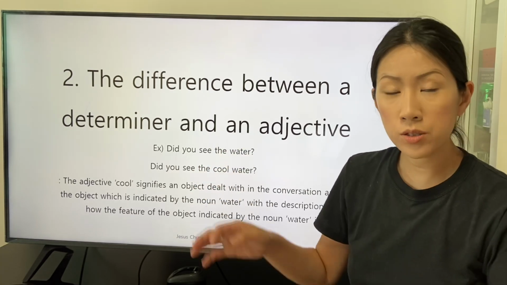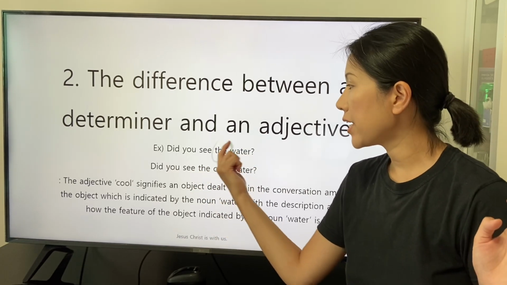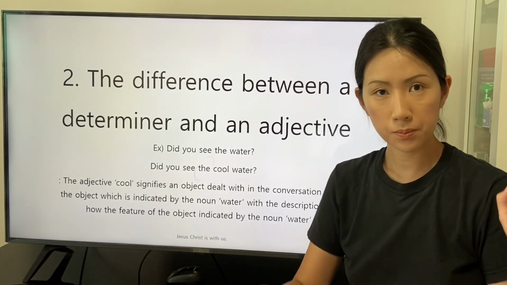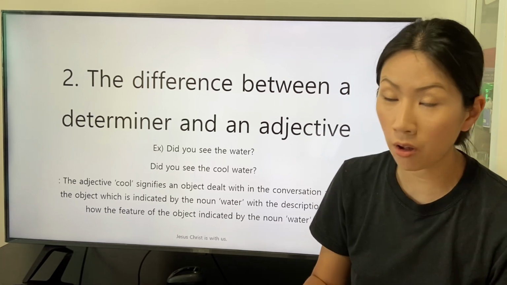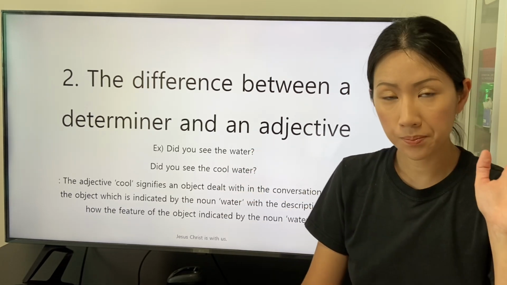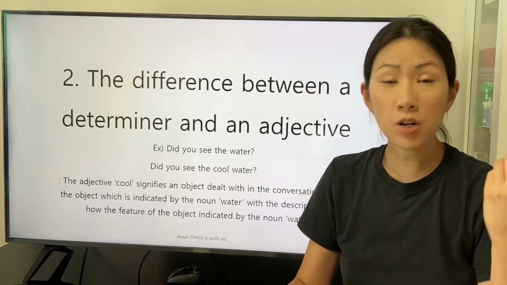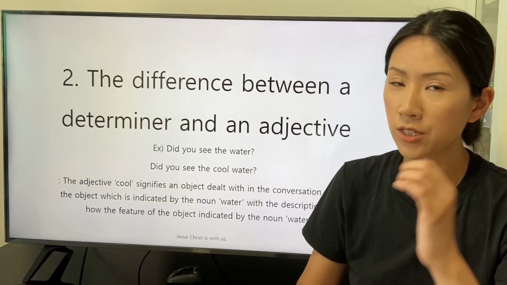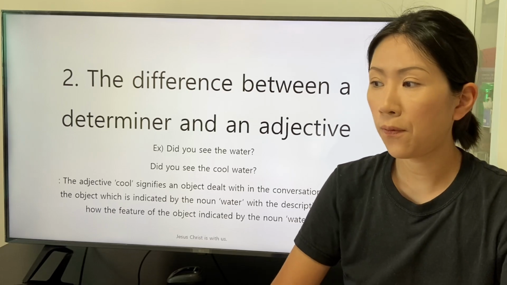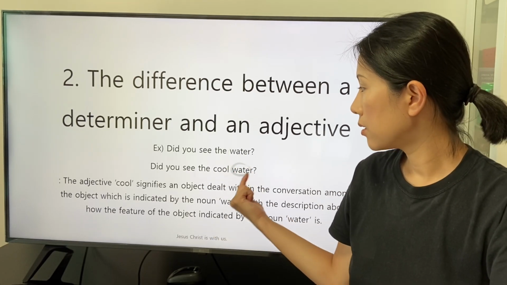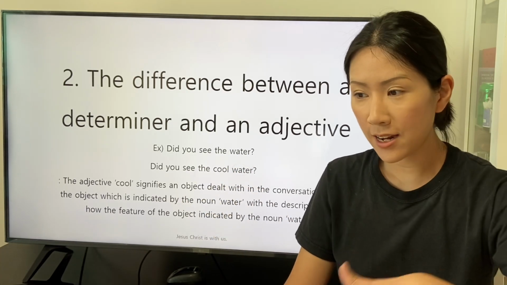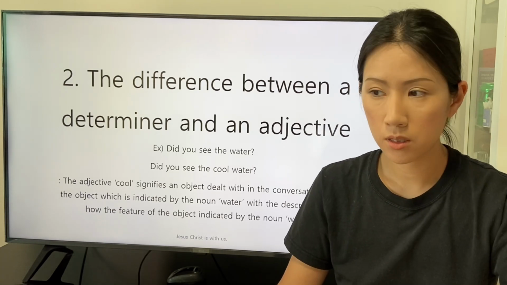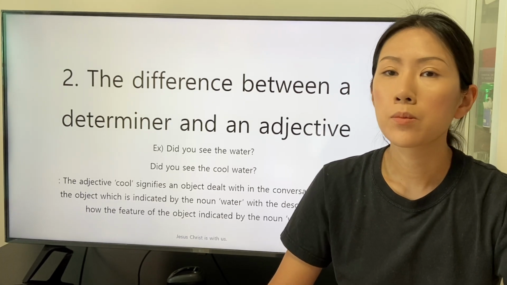And we can also understand that the definite article the is applied as a determiner, as a description for the object that is identified in the conversation.